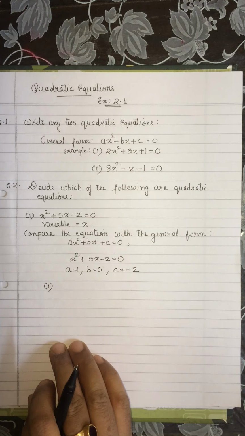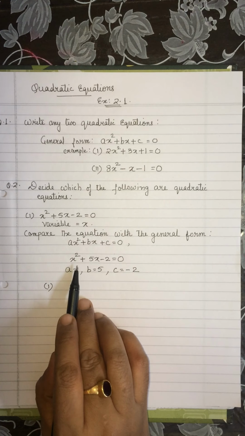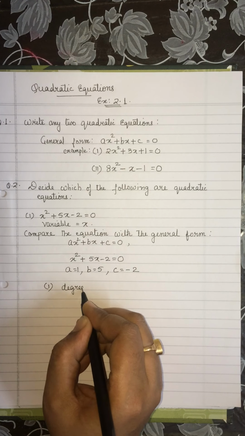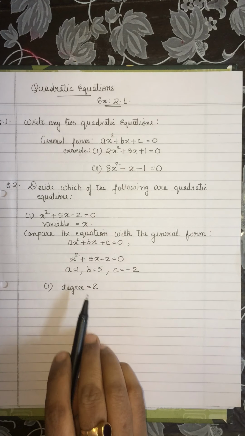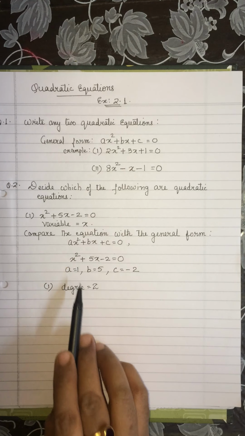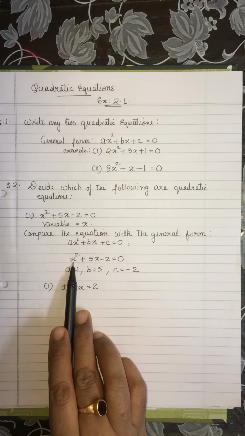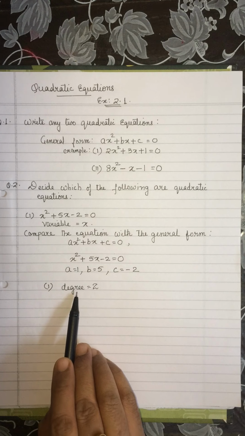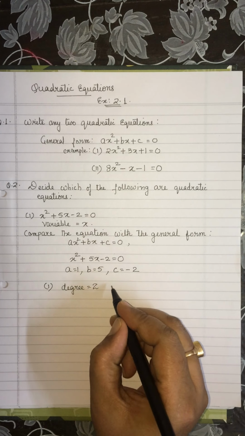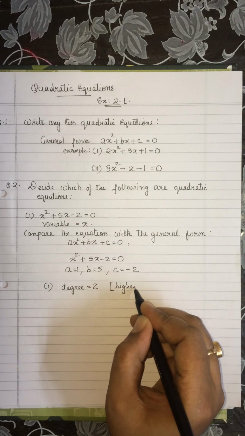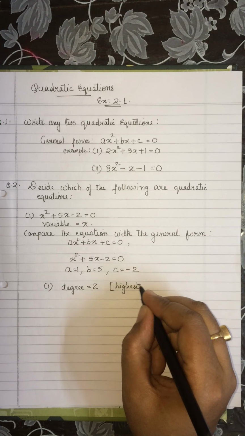The first condition is the degree must be 2. If you see the equation, the highest power of x, the variable, is 2. Here degree means highest power. Hence degree is 2.